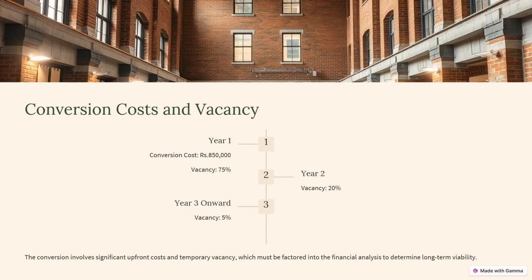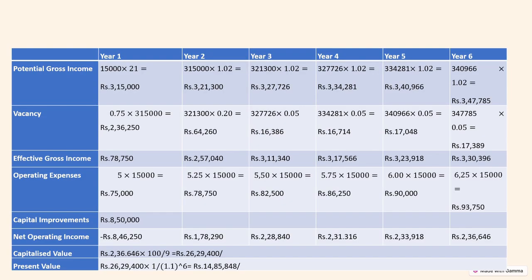In the second year, the vacancy rate will be 20%, and from the third year onwards, the vacancy rate is 5%. So the conversion involves significant upfront cost and temporary vacancy, which must be factored into the financial analysis to determine long-term viability. So see here, we will do the calculation.